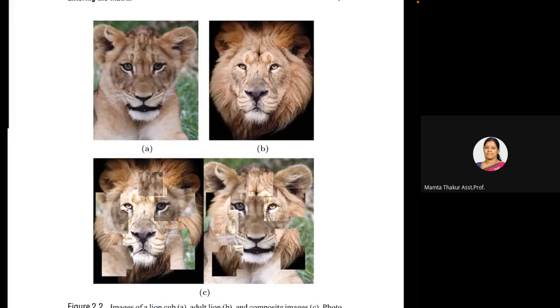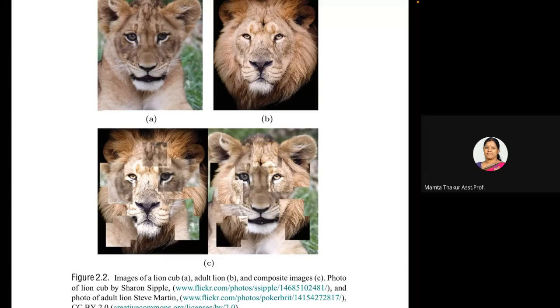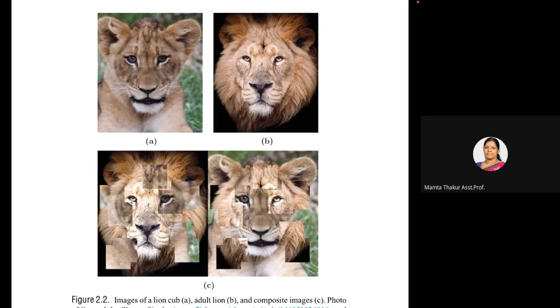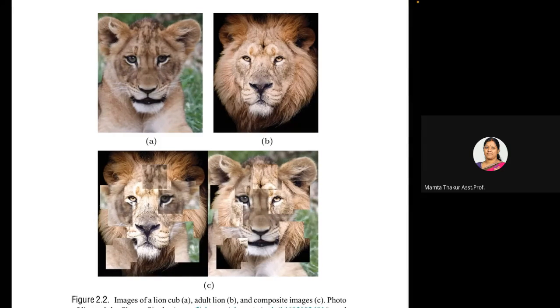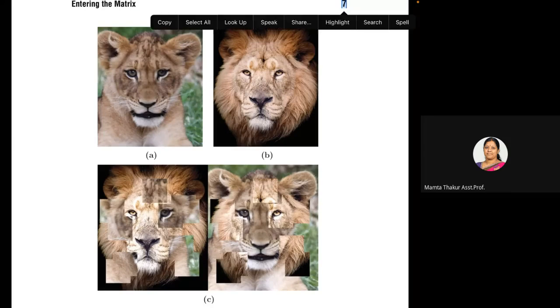You can see a cub and a male lion right here. If you look at the figures in C, what is done? A part of figure B is replaced with a part of this one. The total picture A can be thought of as a matrix, and picture B is another matrix. Each pixel represents some color.